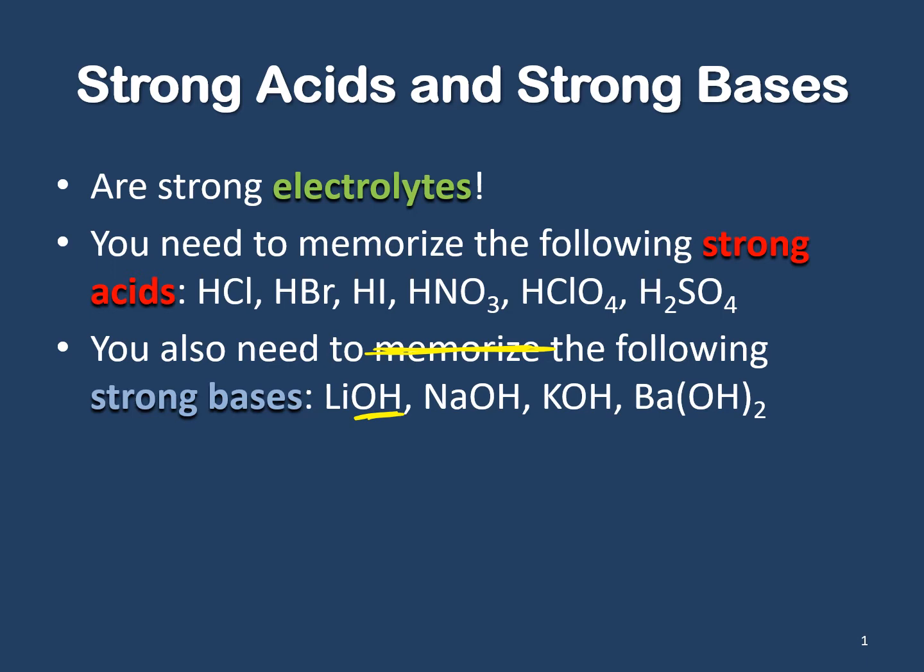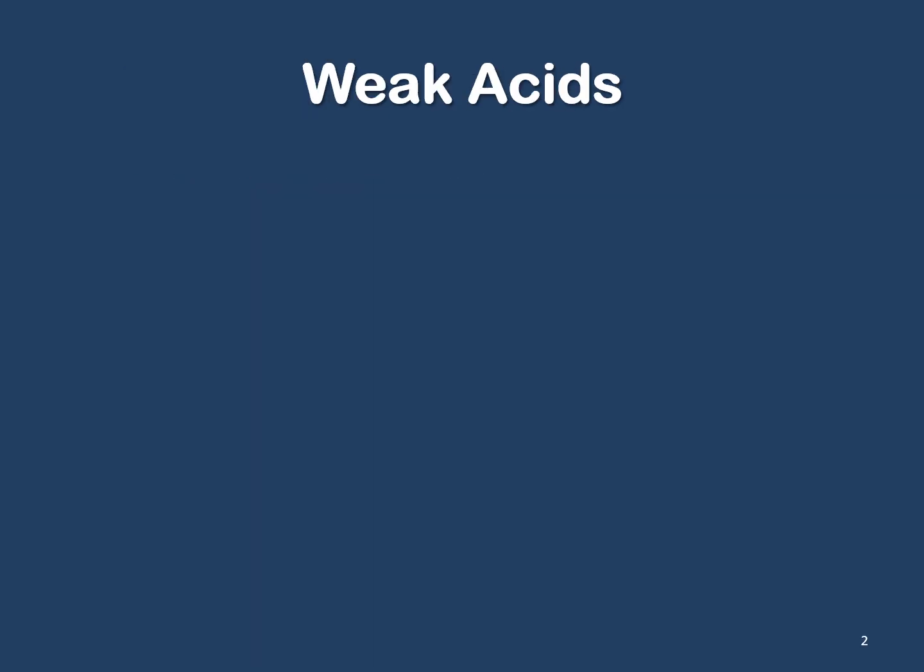These are the 4 that I would be using in any test questions in our class. These would be the same 4 that I would be using if I was teaching Chem 1B for you as well. So you should probably know that these 4 are definitely strong bases. Memorize, you should just be able to recognize them.